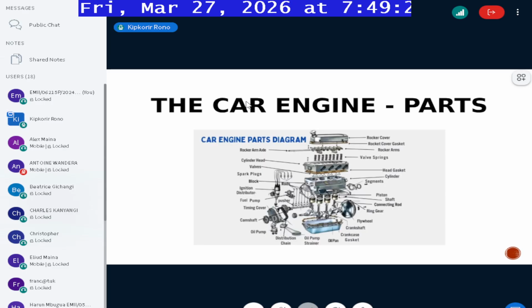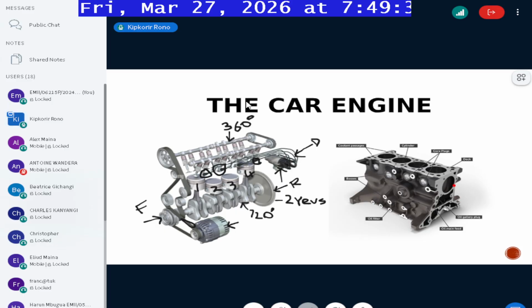Now I'll just mention a few things when it comes to maintenance. One thing you should know is that, for example here, we normally place the oil filter. When you talk about maintenance of an engine, we normally have quite a number of things that we look at.